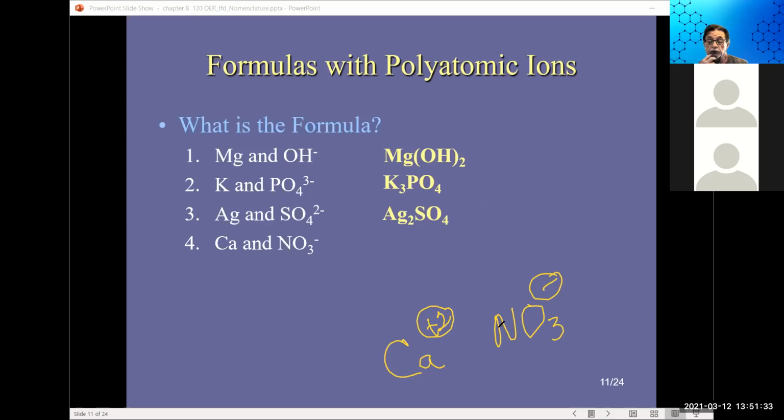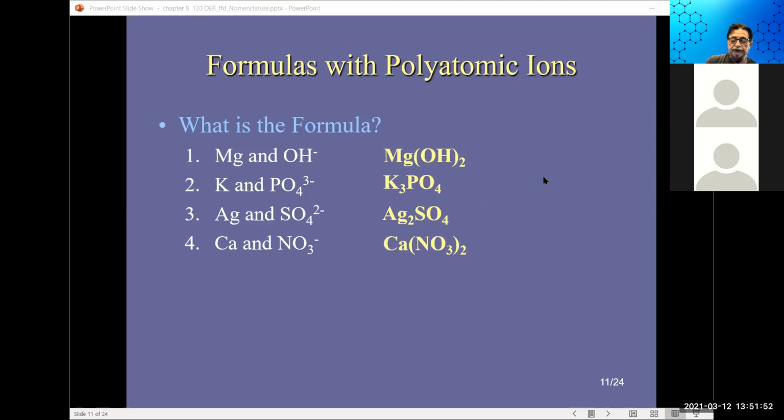The NO3 -1 is the nitrate. I need 2 of them to cancel out the +2 of the calcium ion. That tells me I'm going to need parentheses around the NO3, because I need more than one. So our formula becomes as follows. Okay.